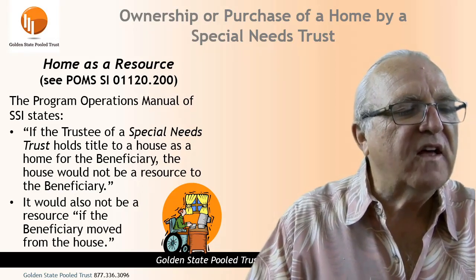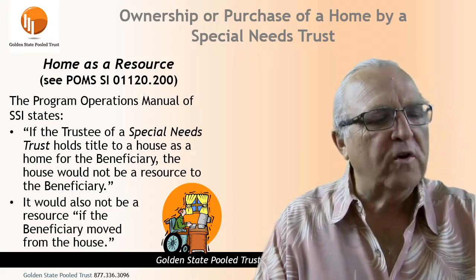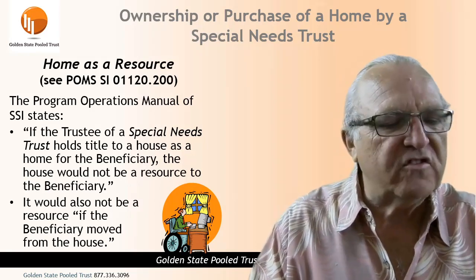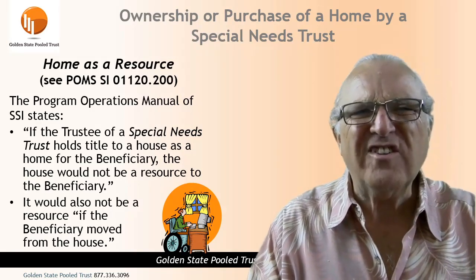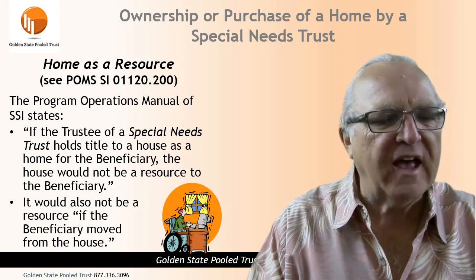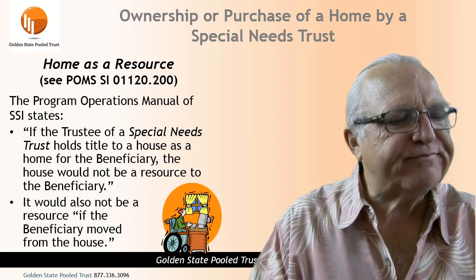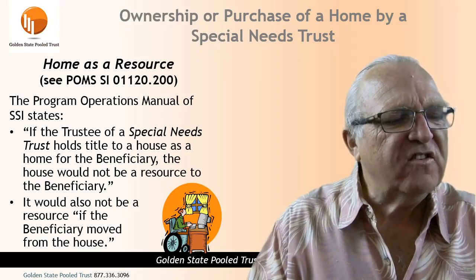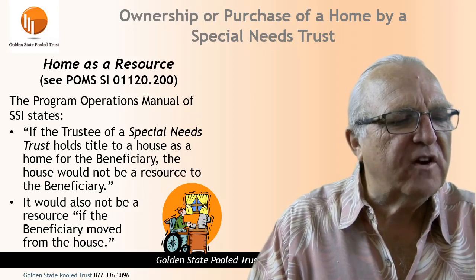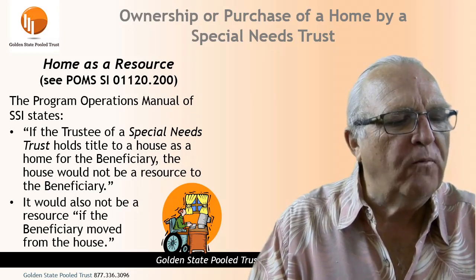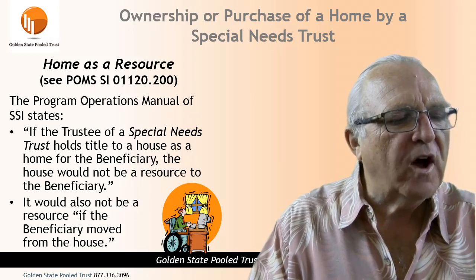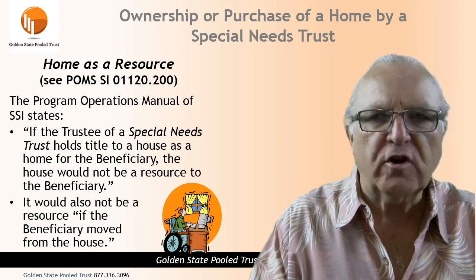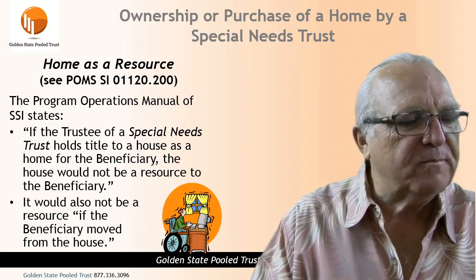The POMS is the Program Operations Manual System, which are instructions to eligibility workers on how to handle specific situations. What it says here is that if the trustee of the special needs trust owns title to a house as a home for a beneficiary, the home would not be a resource to the beneficiary. Well, that makes a lot of sense.